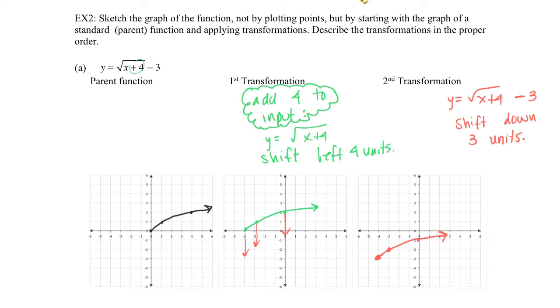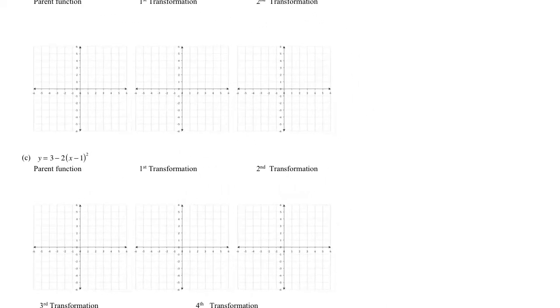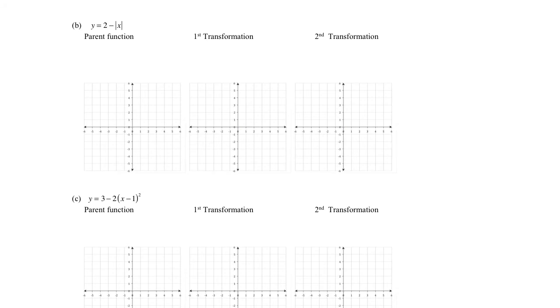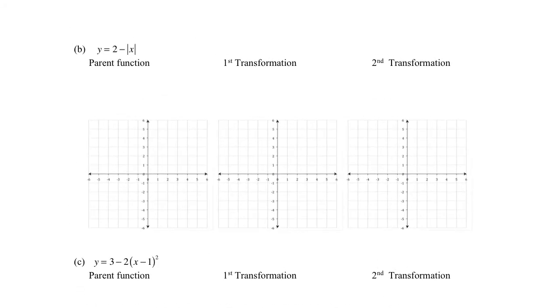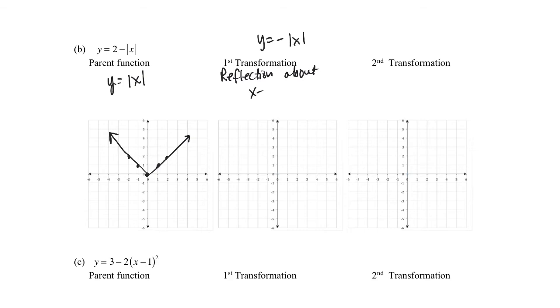Okay, let's do some more. Okay, so we have our parent function, absolute value. Go ahead and sketch that. Okay, and now we're going to do the reflection about the x-axis. Okay, so there's that one.